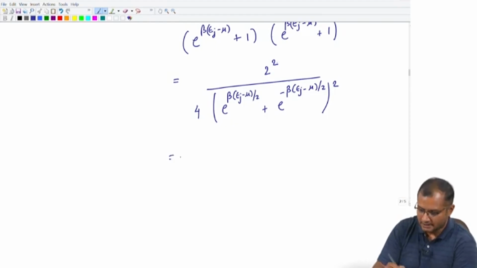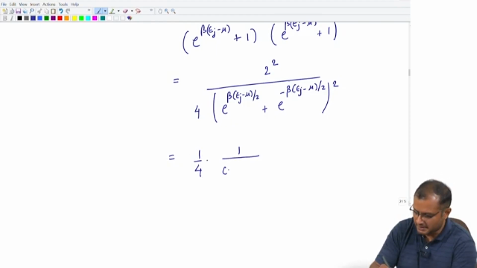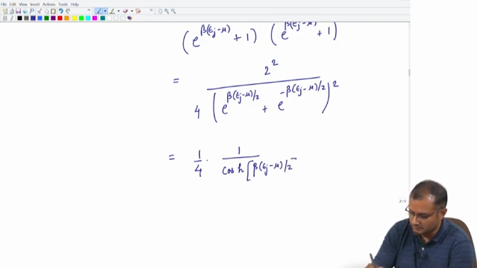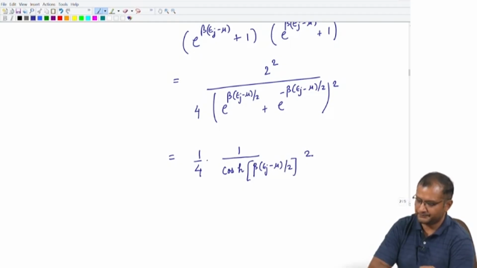Okay. So, this is like 1 upon 4 into 1 upon cosine hyperbolic of beta (E_j minus mu) over 2, the whole square.